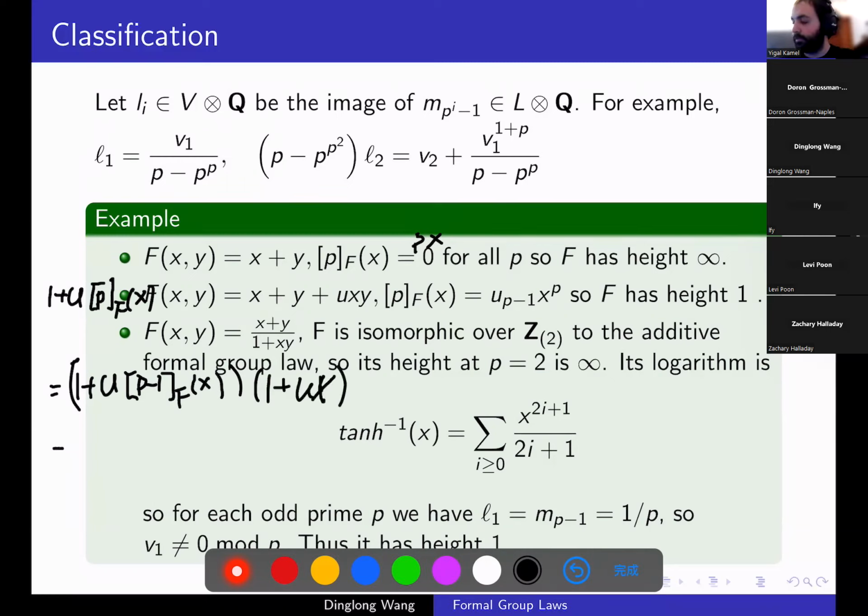Then you iterate it, you find out it's the product of 1 plus ux, and use an argument about the divisibility of binomial coefficients by a prime p. I think you can get this result here.